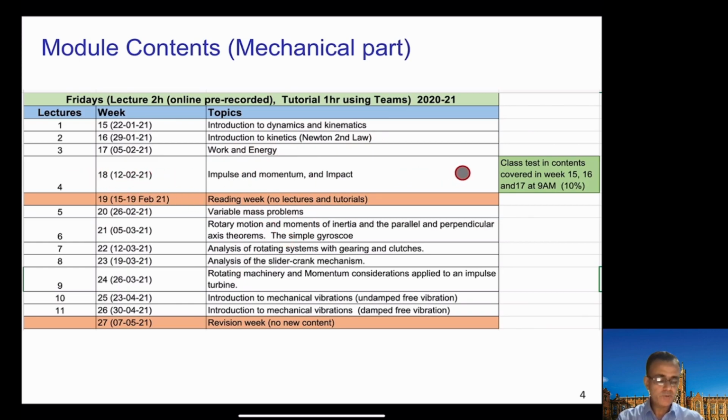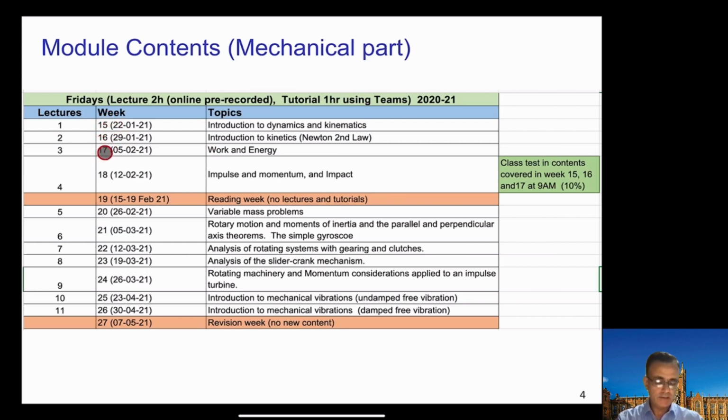The important point is that in week 4 of this semester, which is week 18, and the exact date is given here, which is 12th of February, we will have a class test, which I discussed earlier, and the class test will be on the contents covered in weeks 15, 16, and 17.